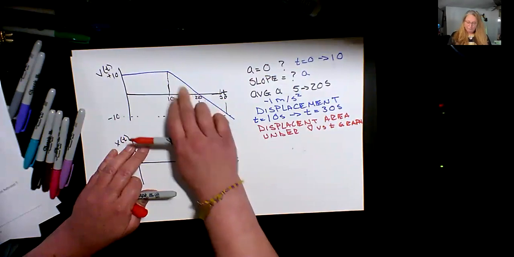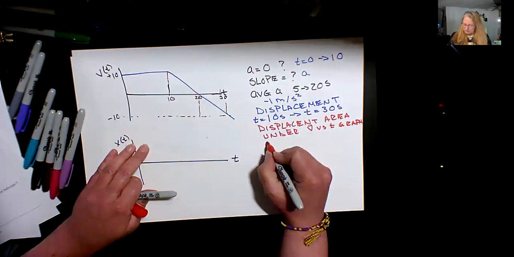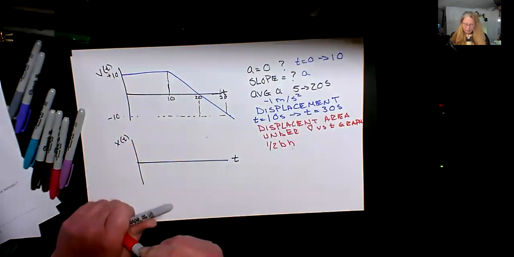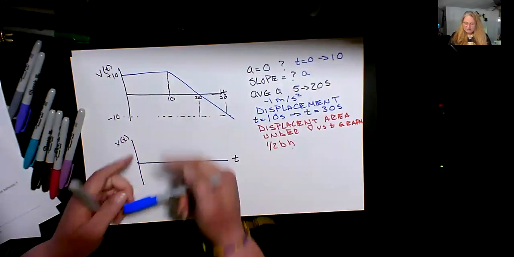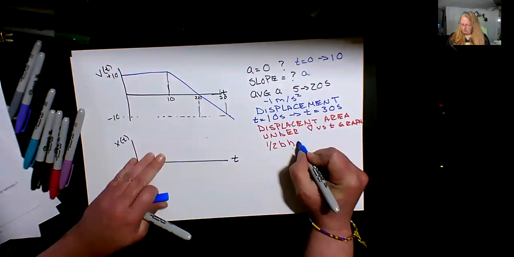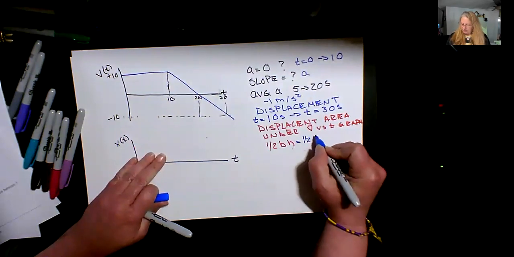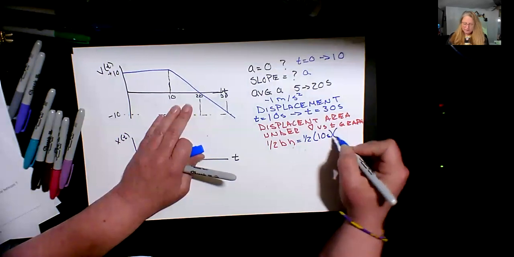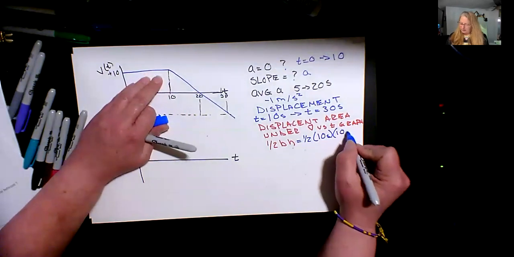So this is a triangle, so I have 1/2 base times height. My base is 10 seconds times height, which is 10 meters per second.